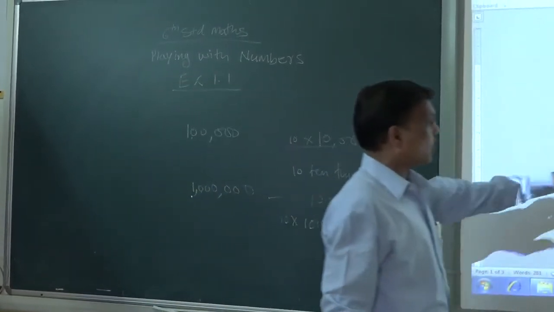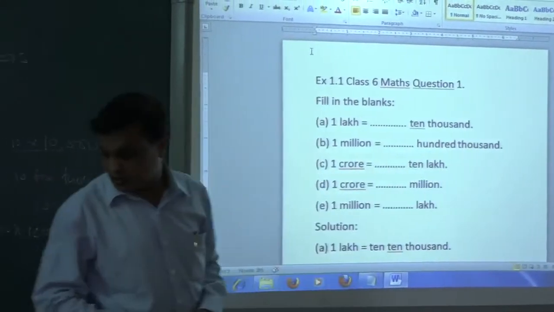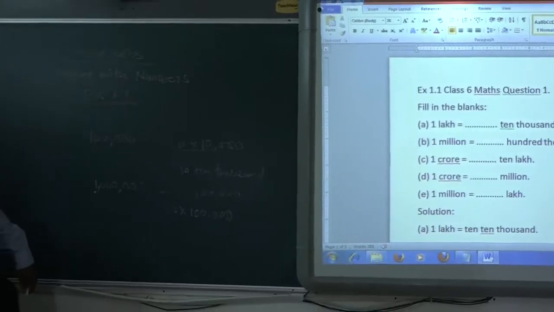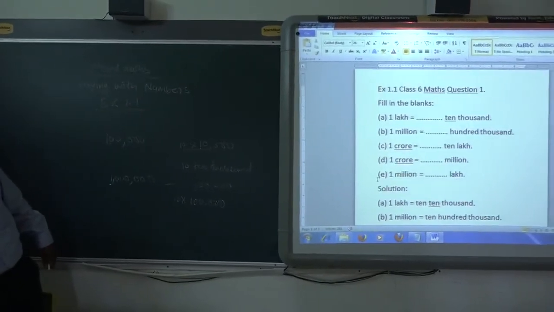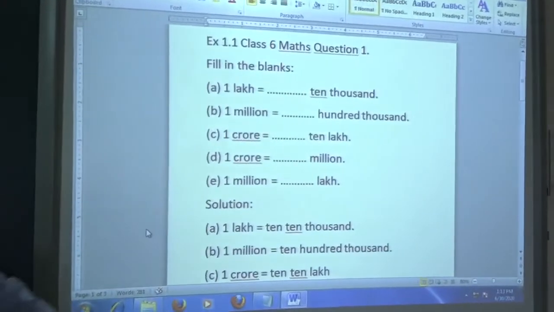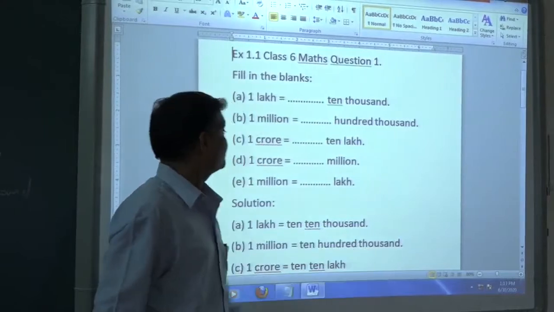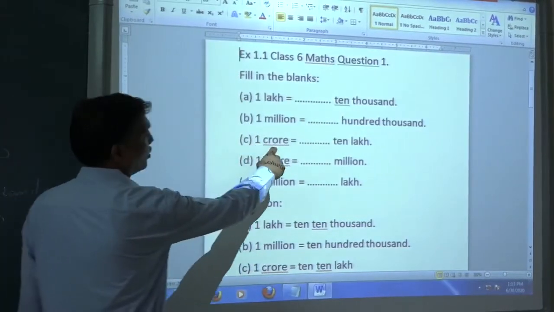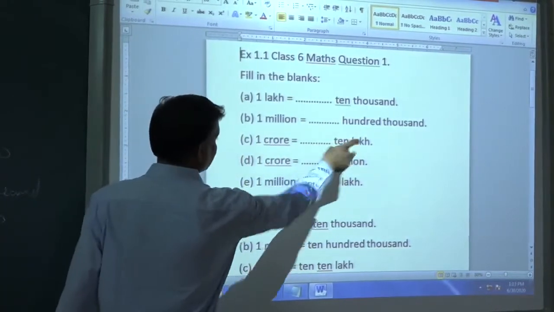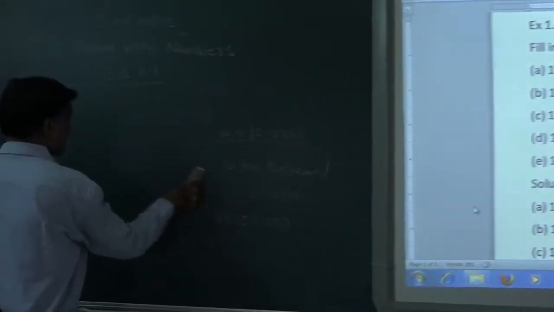Here are 6 zeros, here are 5 zeros, so 1 zero is left. So 10 into 100,000. So the answer is: 1 million is equal to 10 times 100,000.